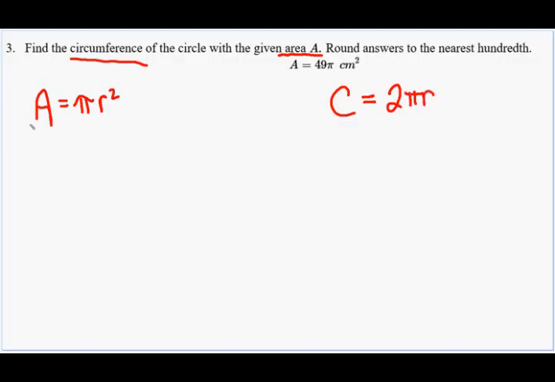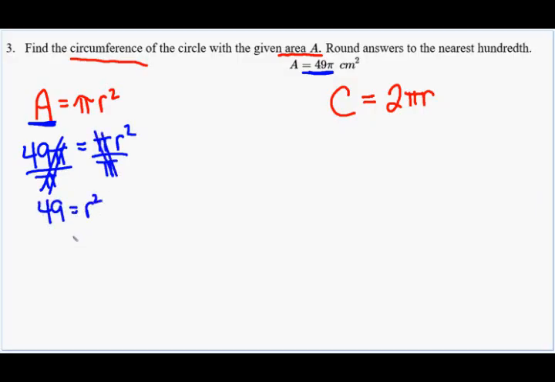So over here, we have the area. The area is 49 pi centimeters squared, and that's equal to pi r squared. So we're going to divide both sides by pi. So these pi's cancel. 49 equals r squared. If we take the square root of 49 will be 7.